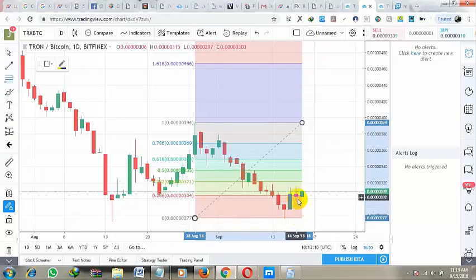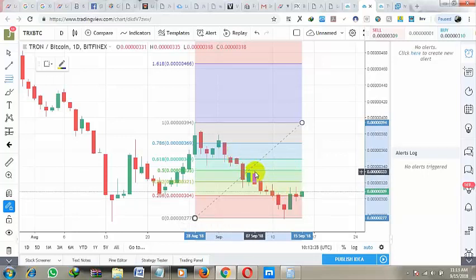The reason is because I know that before this market bounces back, it's possible that it has to hit the support level here. So to be safe, I close the trade and then I enter back when I see it hits the support level, or when I see a bounce back that is clear enough. Now if you look at the fib levels, you see that it's been conforming to them.